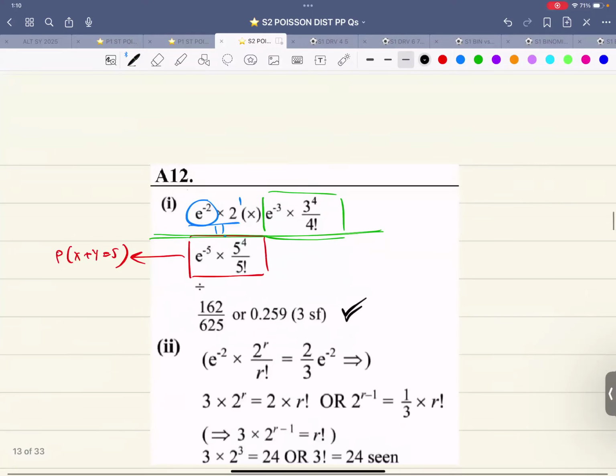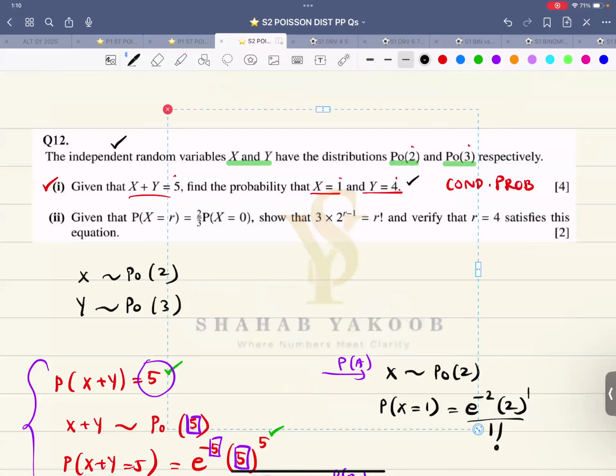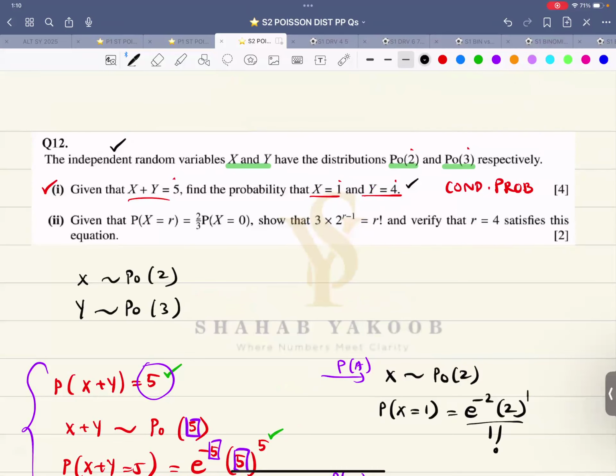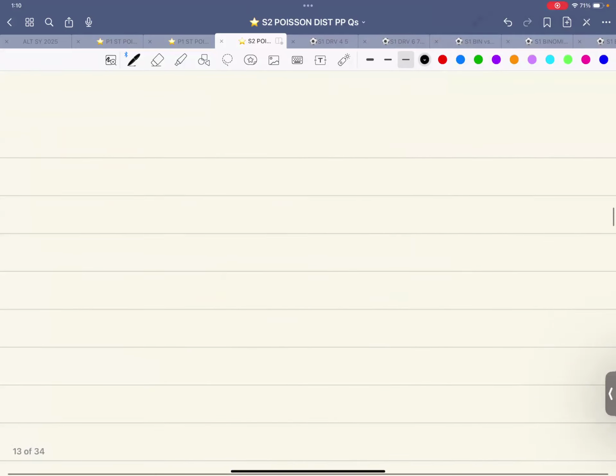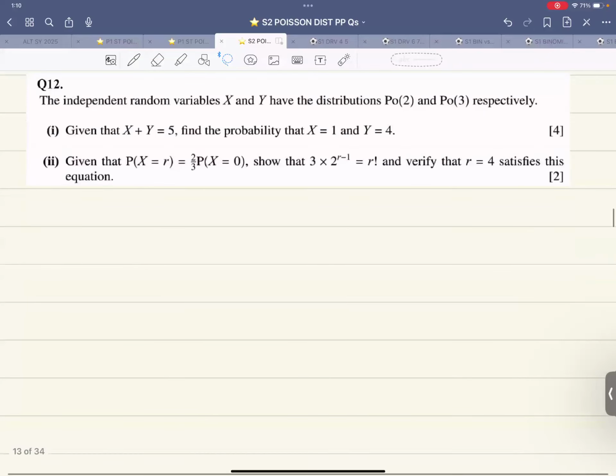That thing is done. Now let's try out the second part, which is slightly different. So let me try this out. Let me add another page to it. Now it says, given that probability x is equal to r, we are talking about x.